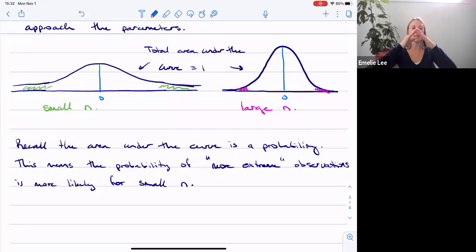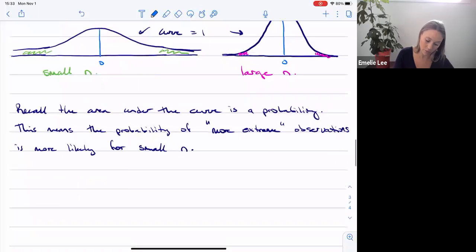And as the sample size increases, the area in the tail gets smaller and smaller until the sample size is at the population size. Then our t-distribution becomes a z-distribution. The only difference between those two is that the z-distribution assumes that we have the population mean and population standard deviation.